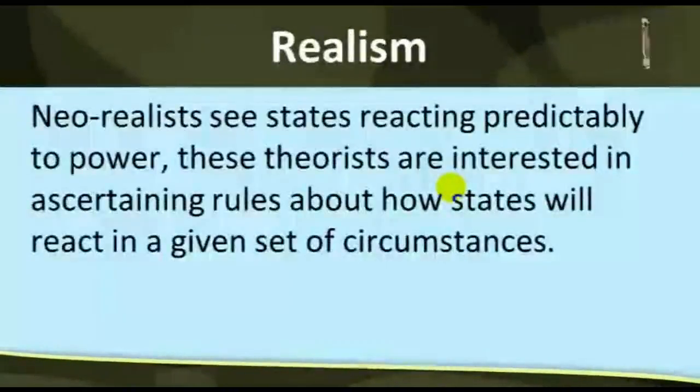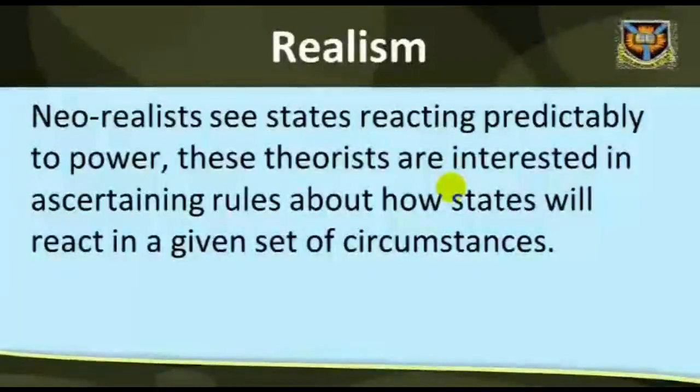This is because non-realists believe that countries are rational actors and therefore will react similarly and predictably to power realities in a given situation, no matter who is in office. Because non-realists see states reacting predictably to power, these theorists are interested in ascertaining rules about how states will react in a given set of circumstances.